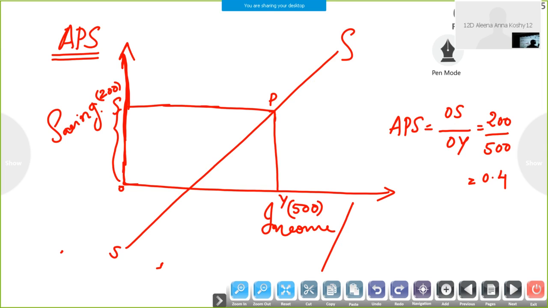So 40% of income is to be saved. That is the meaning: 40% of income is to be saved. Copy this one. This is the graphical representation of APS.